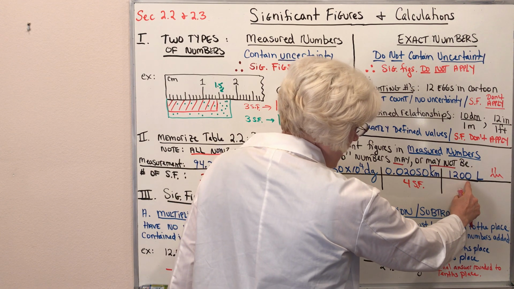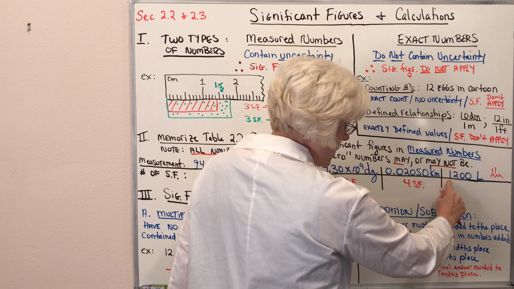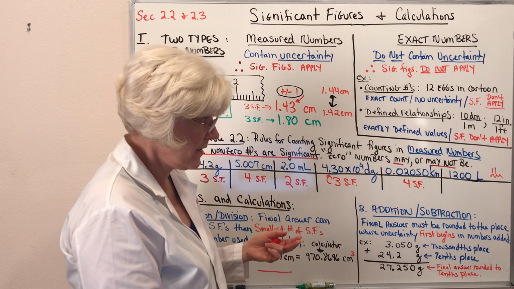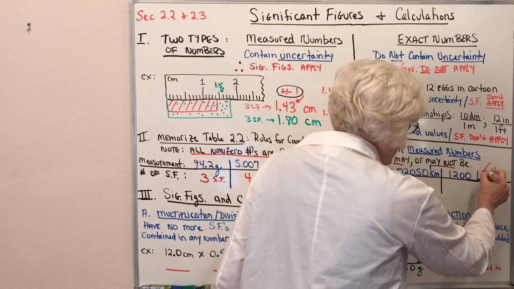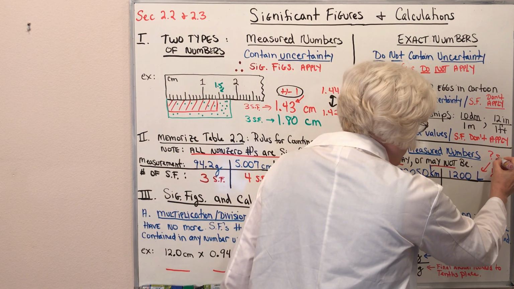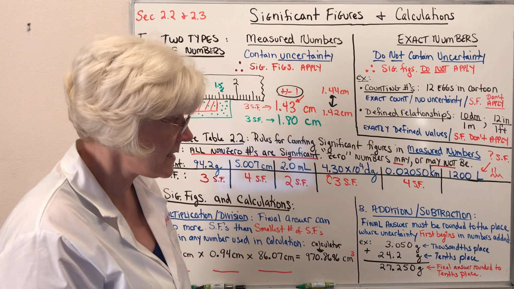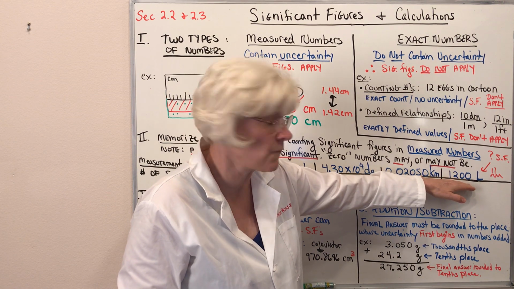Is it in the ones place? Is it in the tens place? Is it in the hundreds place? Or thousands place? It's not clear. Right? So this example to me is a case of we don't know how many sig figs this number has. Therefore, you cannot express it in this form.